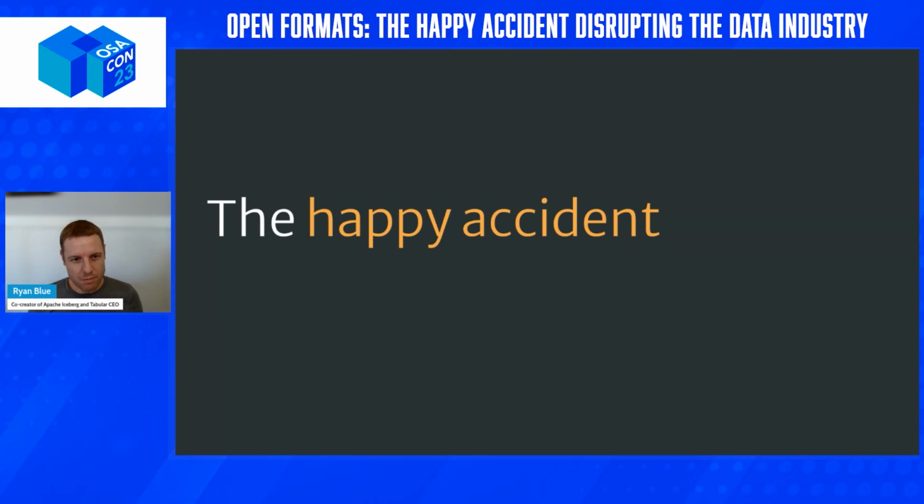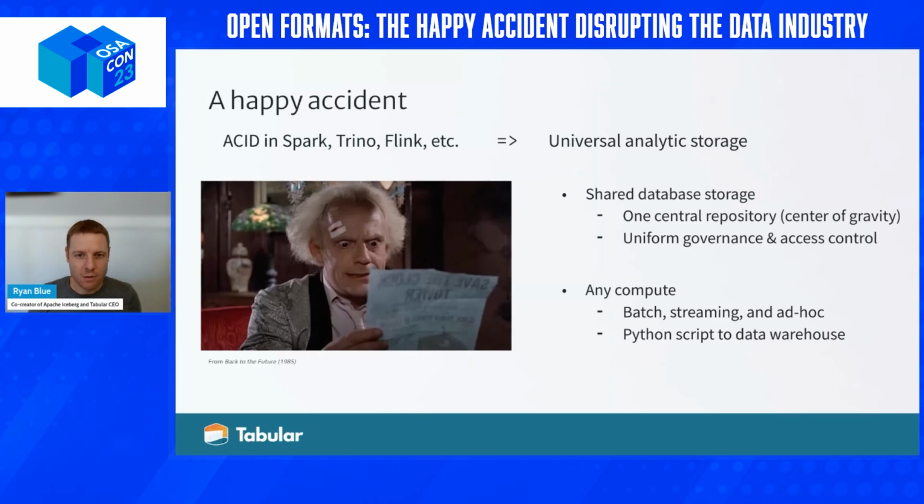And because we had built ACID semantics, because we had built safe schema evolution and fixed all of the correctness problems in this area, we realized that what we had built with Iceberg went beyond what we initially set out to do. We said, hey, we want to have safe transactions in Spark, Trino, Flink, and other things. And what we'd actually done is opened the door for universal analytic storage, which let me get into what that means a little bit more.